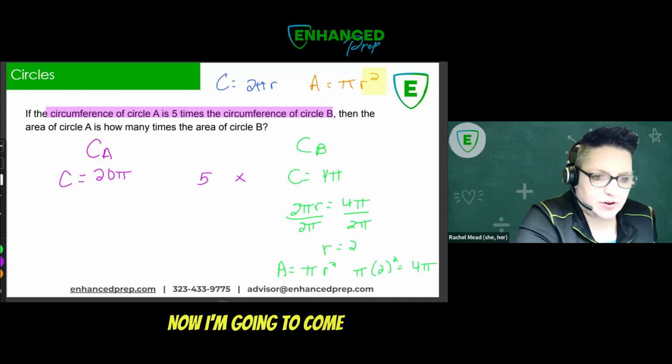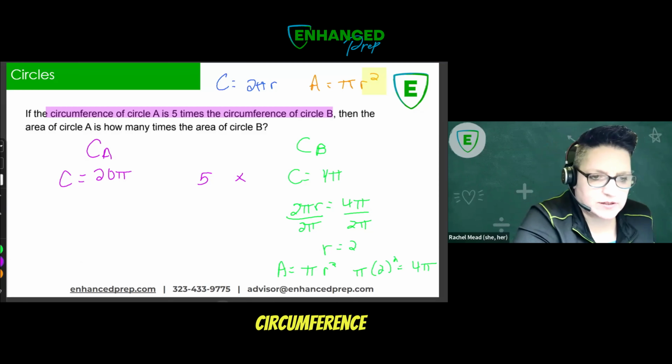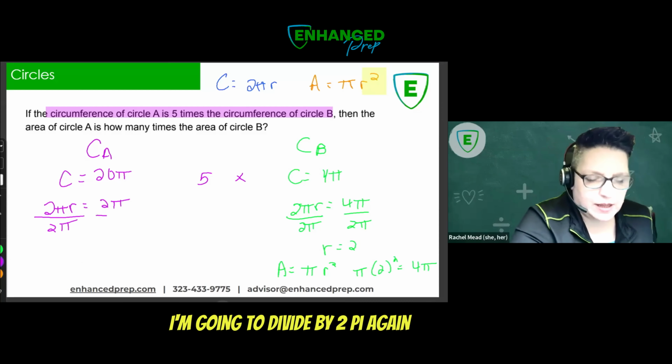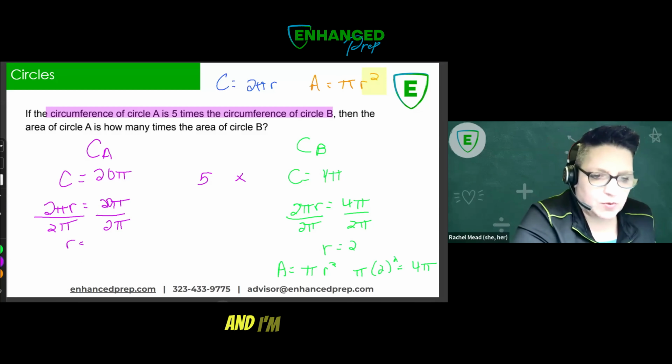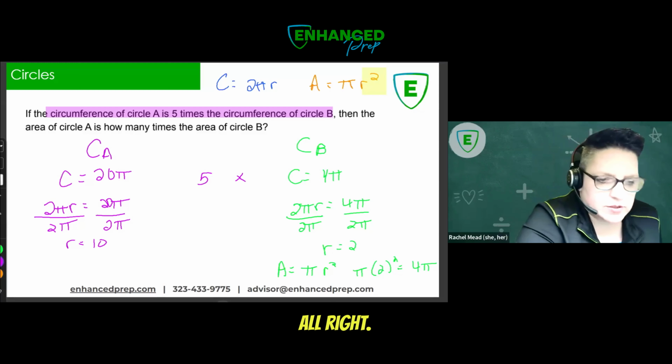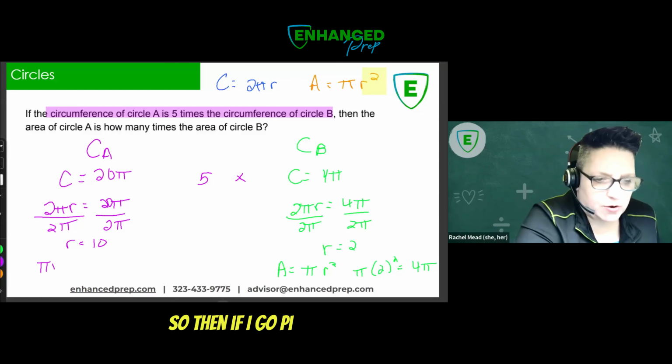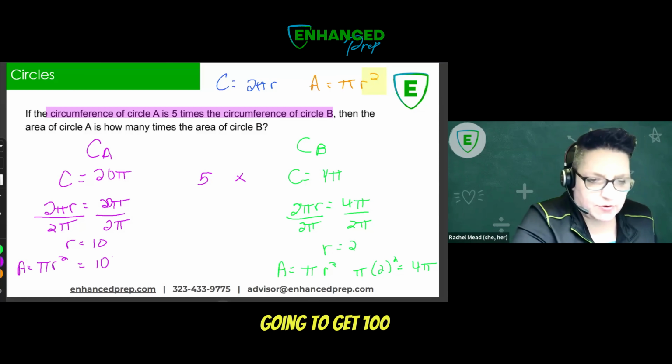Fantastic. Now I'm going to come over here and do my circumference for A. And we've got 2 pi r equal to 20 pi. I'm going to divide by 2 pi again in order to solve for my r, and I'm going to get 10 here. All right, so then if I go pi r squared for my area, I'm going to get 100 pi.